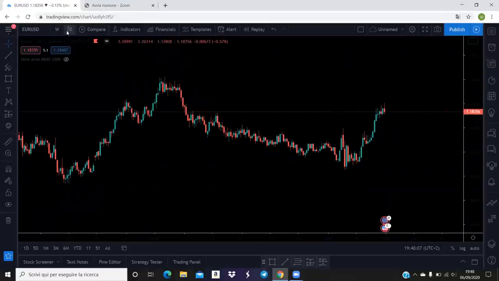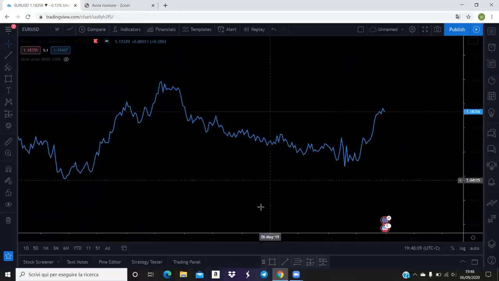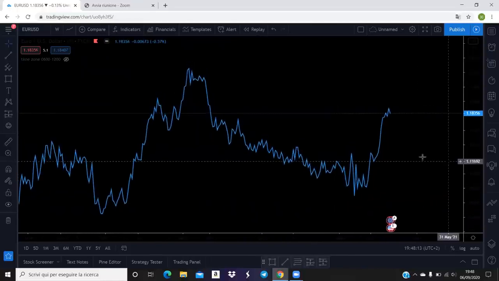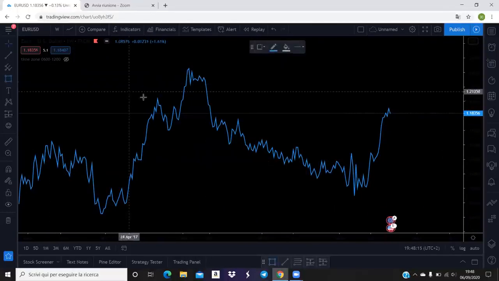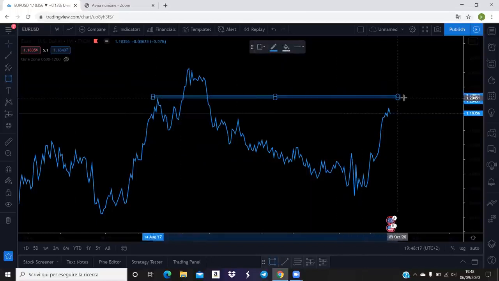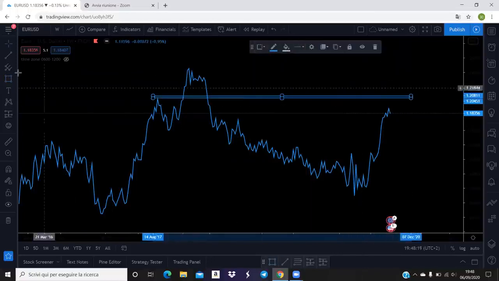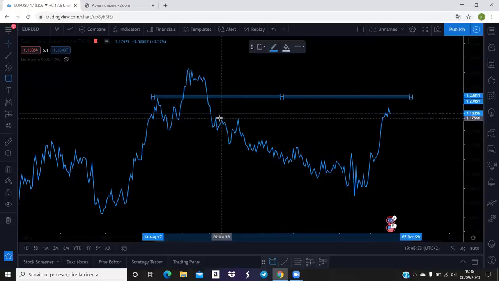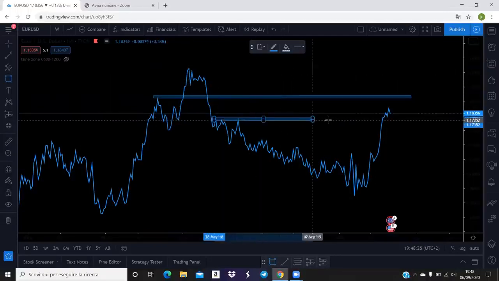First of all, I want to go to the line chart in order to find some good key levels. As you can see, we can see this nice level right here. Of course, let's see right here also.